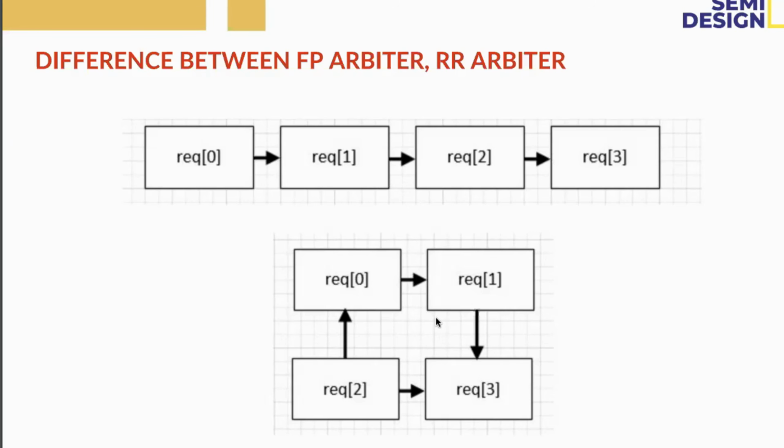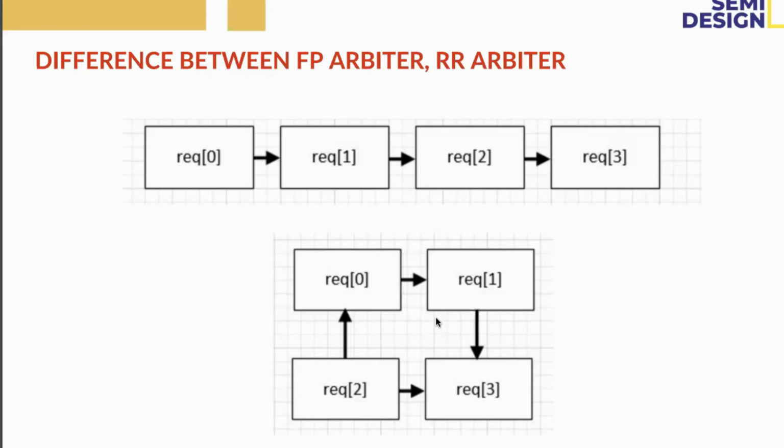So the priority of the requesters remains unchanged in this way. If the requester with the highest priority makes a request again, it will be served before serving the previous request of low priority. So it can make a request again if needed. That is the main thing in the priority encoder.